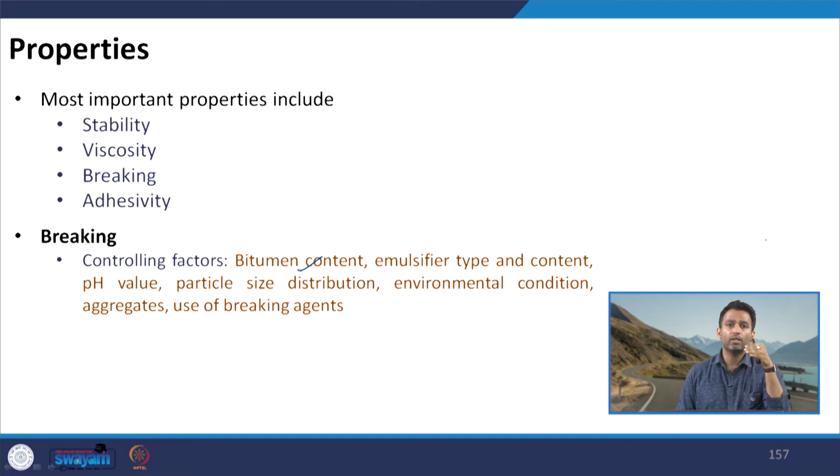So, higher the bitumen content, higher is the breaking rate. Talking about the emulsifier type and content, it depends whether it is an anionic emulsion or a cationic emulsion, because as I said, in cationic emulsion there are other processes which facilitate this breaking. So, let us try to understand that.